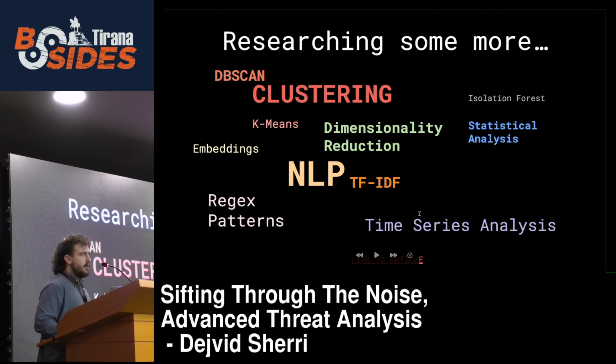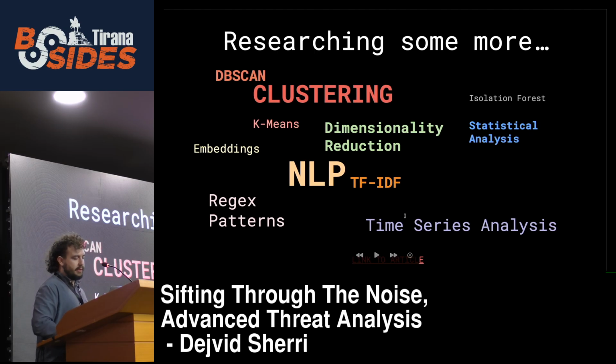Okay, so knowing this context, that each one of the different parts can have or contain the exploit, I went into researching many different articles and research papers that I managed to find.